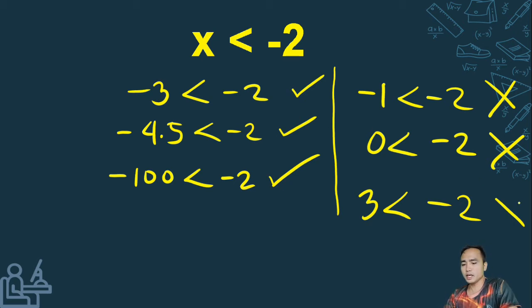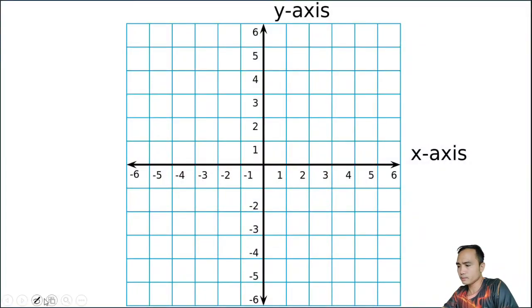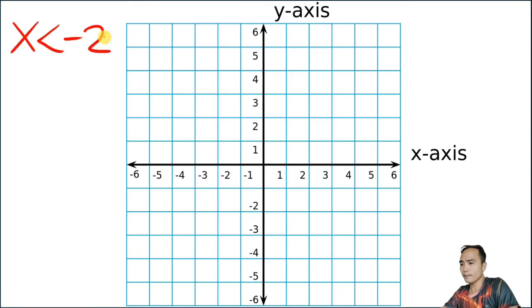This time we're going to graph x less than negative 2 to find out what the solutions of this inequality are. So x less than negative 2. We're going to draw our graph.